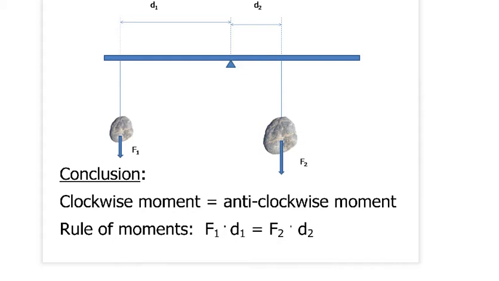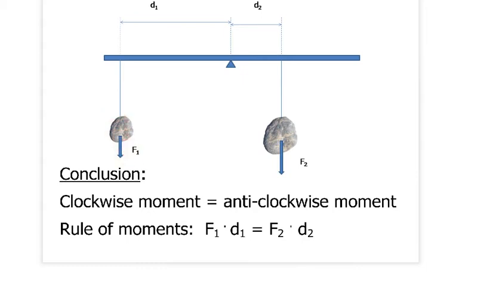It's also sometimes called the law of moments. If a beam is in equilibrium and it's experiencing more than one force, then the clockwise moment caused by this force has to equal the anti-clockwise moment, which is what this one would cause.